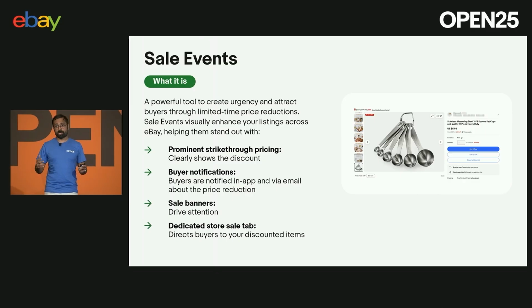Your listings will grab attention with banners and teasers across the experience. And then finally, on Storefront, there's a special tab called Sale where buyers can go and see all your sale inventory. So this is a fantastic way to capture attention and drive conversion.